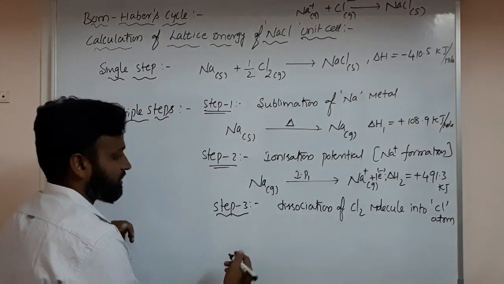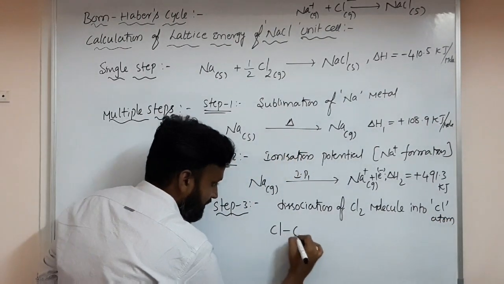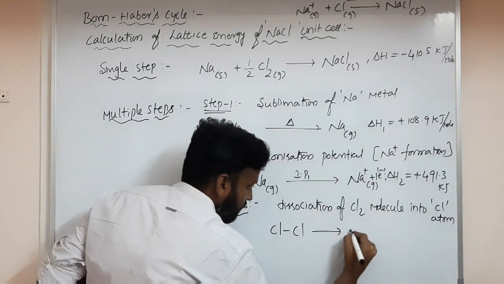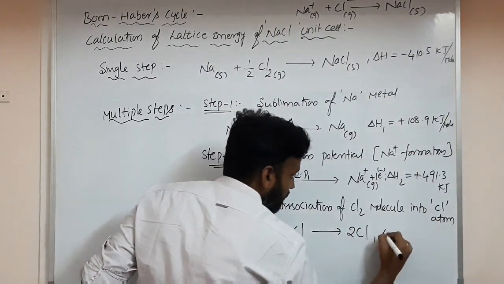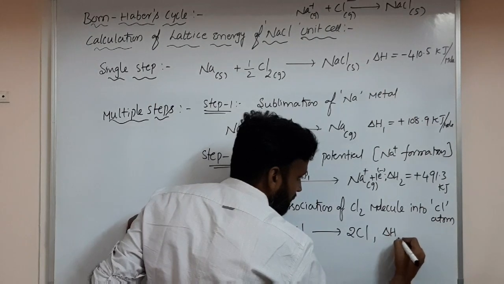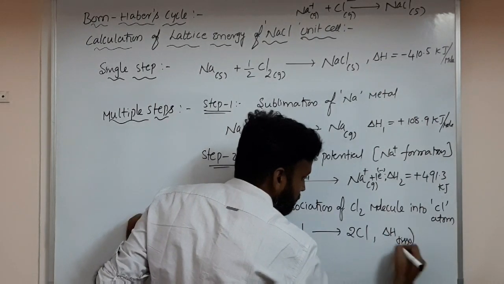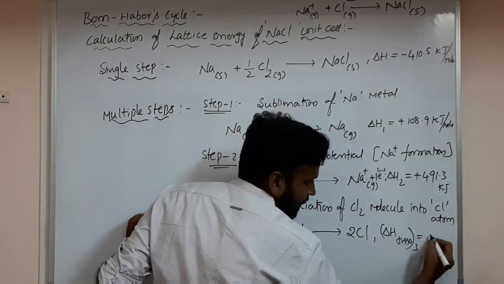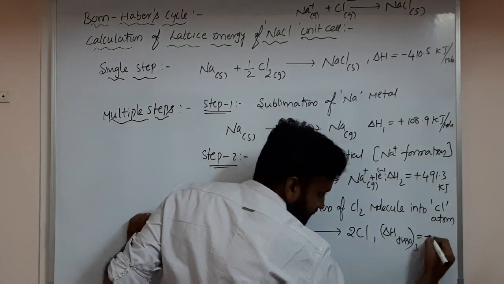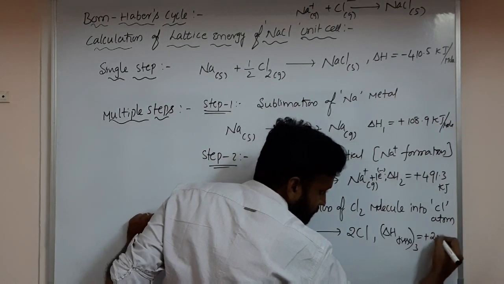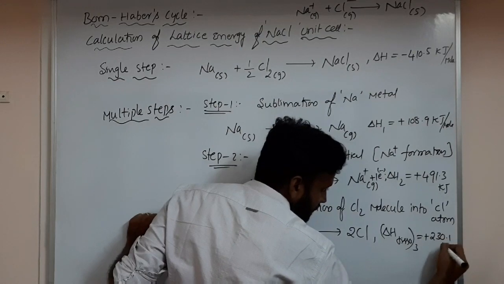That is the third step. So Cl single bond Cl will convert to 2Cl, then delta H, which is called delta H3, is plus 230.1 kilojoules.